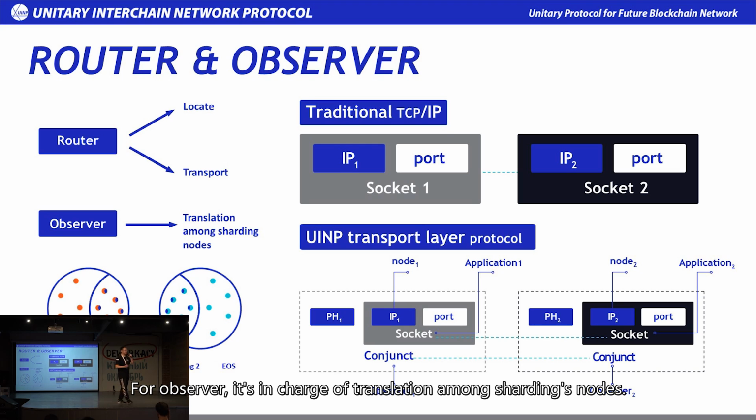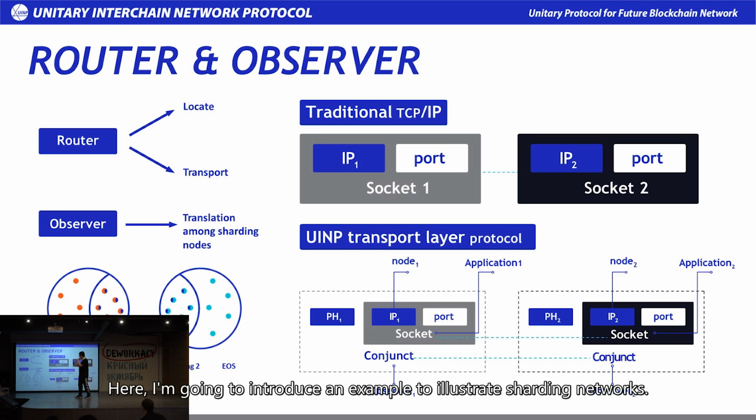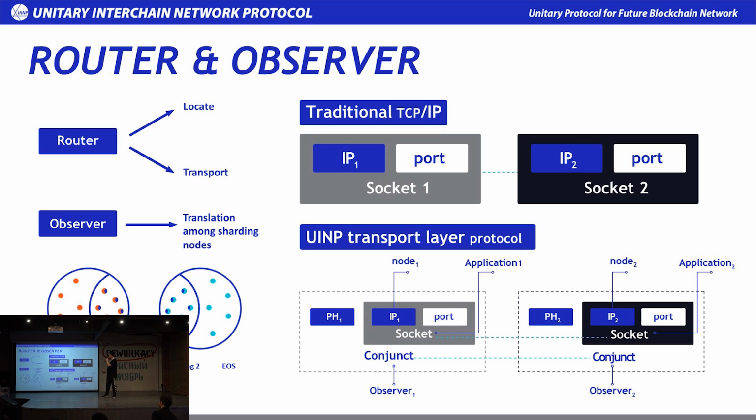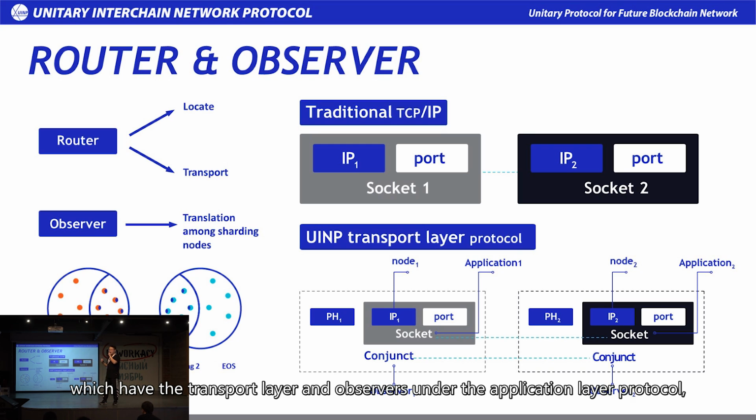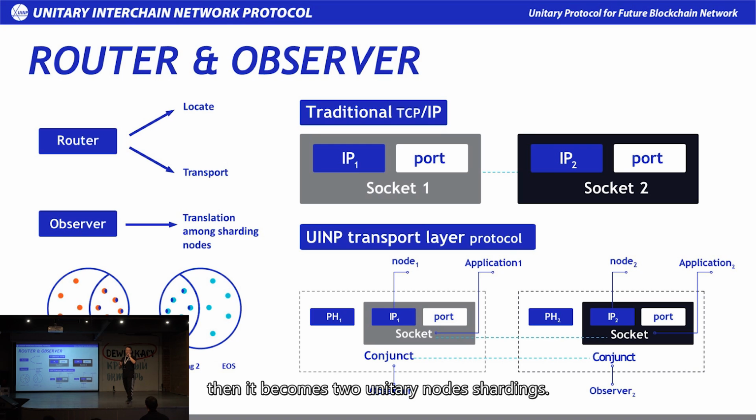The observer is in charge of translation among sharding nodes. Here, I'm going to introduce an example to illustrate a sharding network. For example, if the Ethereum and EOS networks have some nodes installed with the UINP plugin, which has the transport layer, observer layer and application layer protocol, then it becomes a unitary node.